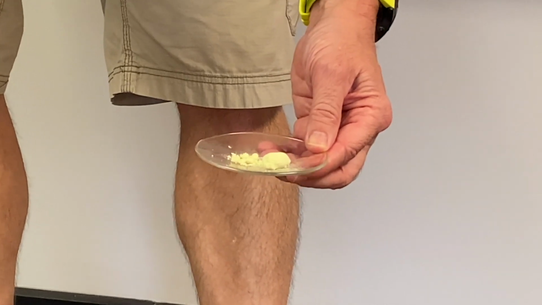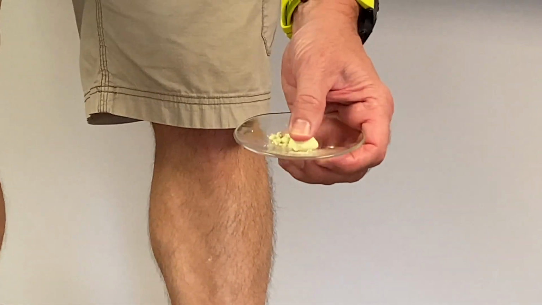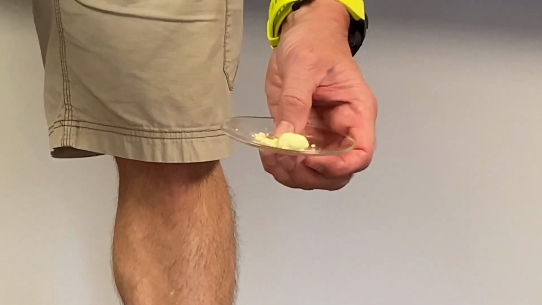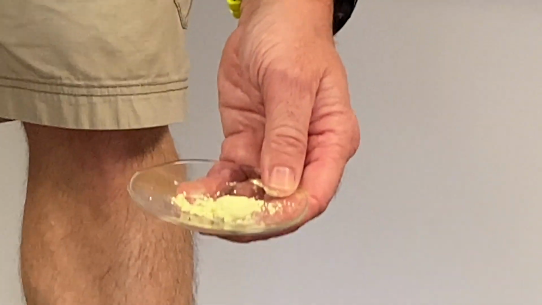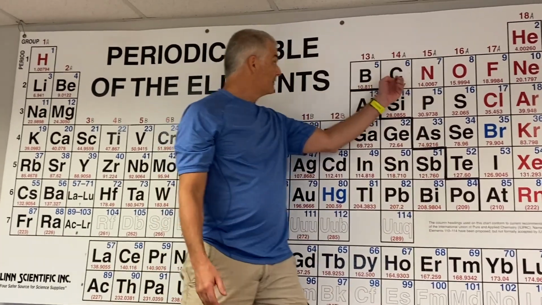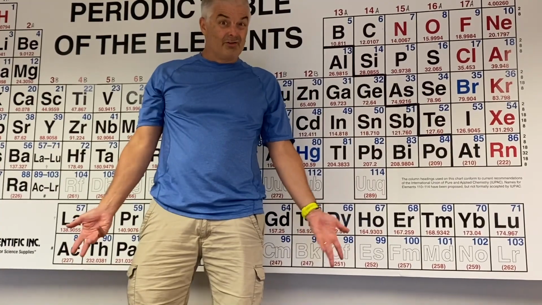You couldn't make that into a wire. Another example you might be well aware of is a piece of charcoal. That's just carbon, element number 6. It's not shiny, and if you try to bend it, it breaks. It's brittle.